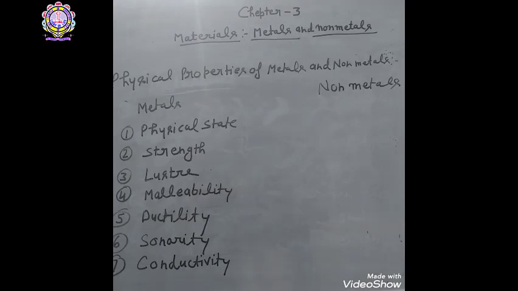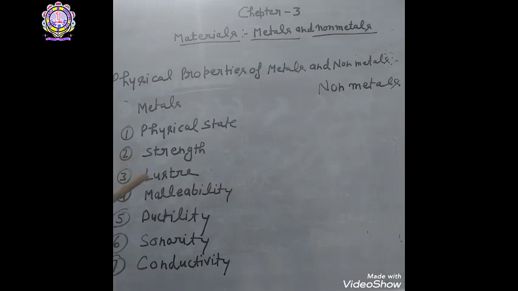But non-metals are very soft and have low density, with the exception of diamond. Diamond is the hardest natural substance among non-metals.